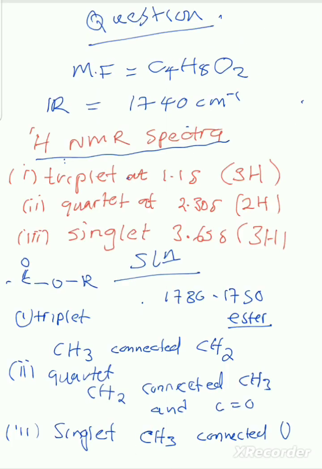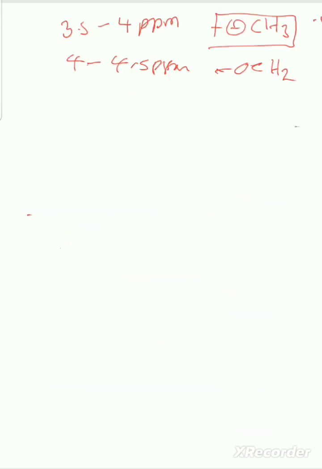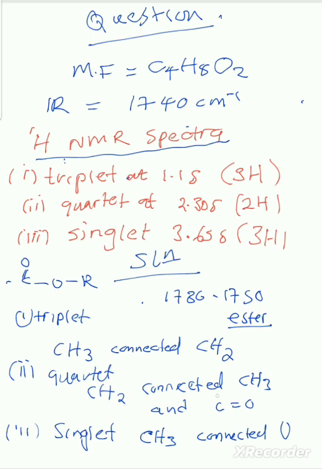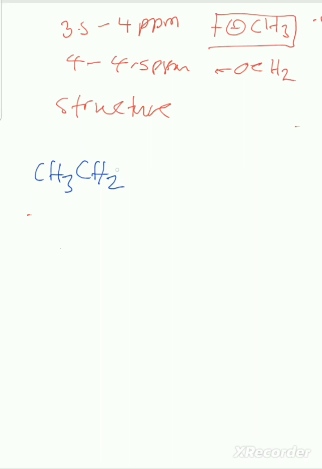So let's try to write now the structure. Remember, the triplet CH3 is connected to CH2. So I'm going to write the structure now. CH3 connected to CH2, like that. Then this CH2 is connected to CH3 and also to this one, which doesn't have hydrogen, like that.